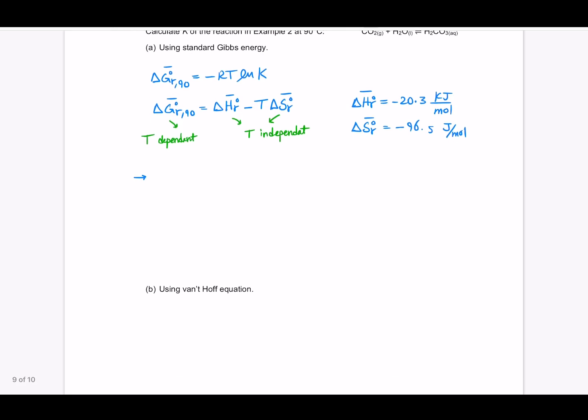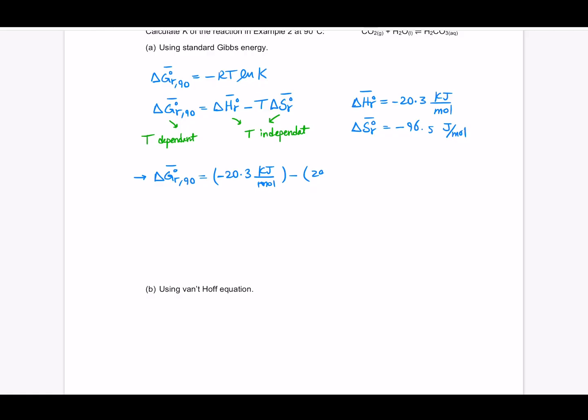Using these two, we can calculate delta G R at the standard condition at 90 to be minus 20.3 kilojoule per mole minus T, 298. Sorry, not 298.